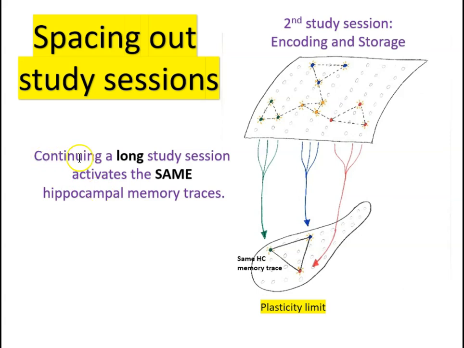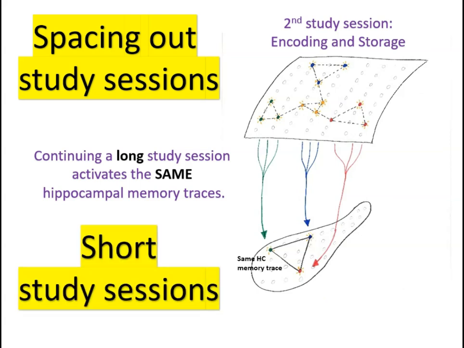You see, if we continue to study in just one study session for a long time, we're going to be activating the very same hippocampal neurons, and we're going to reach a plasticity limit early in the study session, right? So early in our study session, these neurons have increased their synapse strength to their maximum amount. So further prolonged study doesn't have any effectiveness.